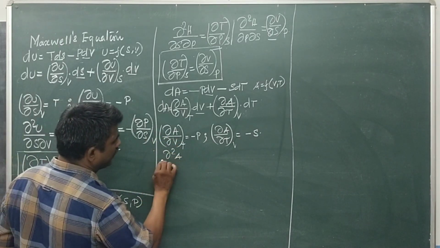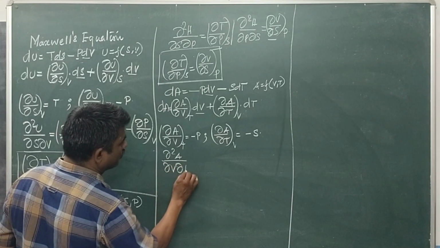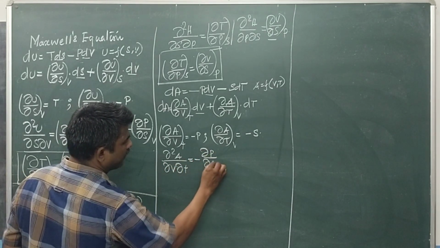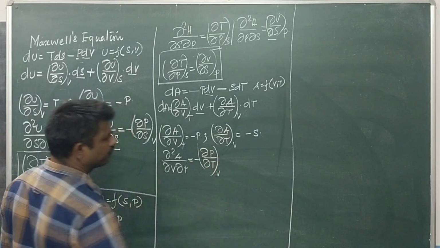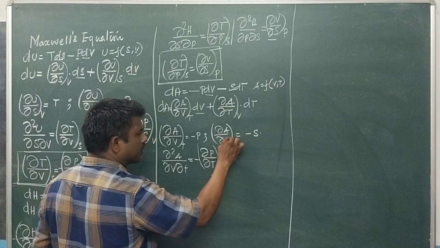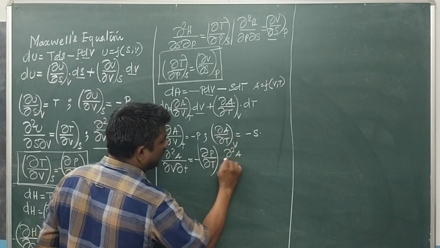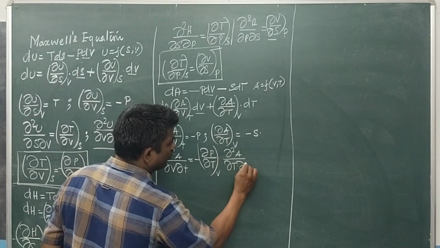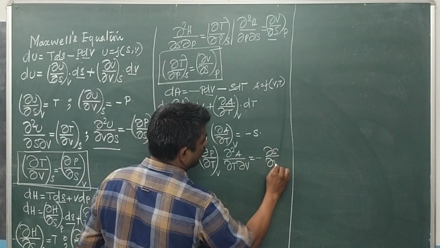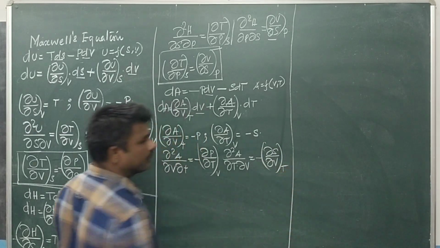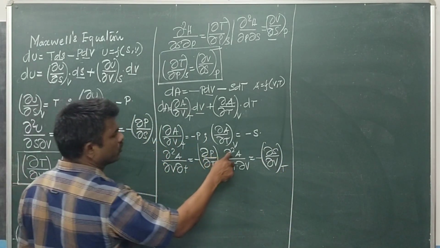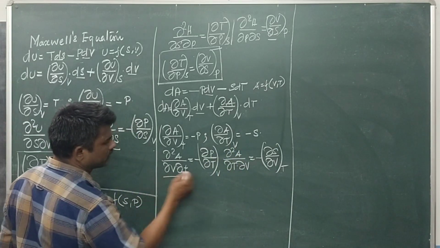So dou square A divided by dou V dou T is equal to minus of dou P divided by dou T at constant volume. Second differentiation with respect to volume at constant temperature. So dou square A divided by dou T dou V is equal to minus of dou S divided by dou V at constant T. Both are the same.